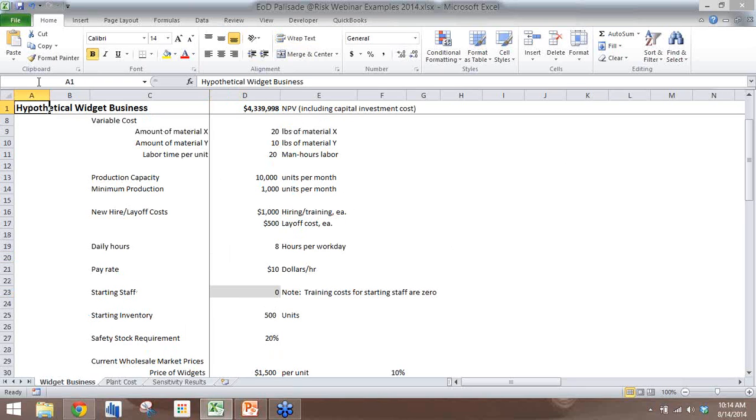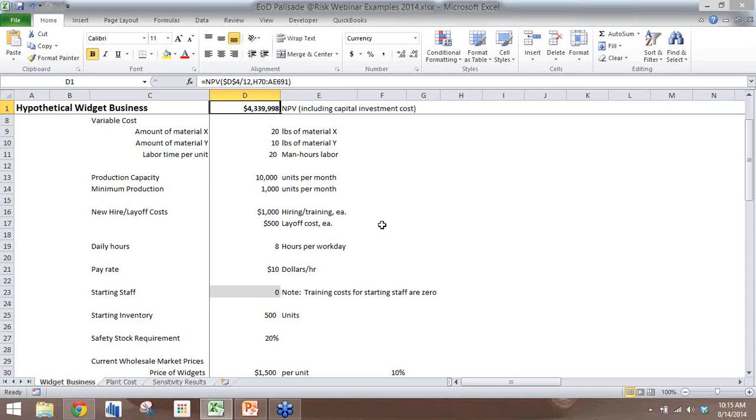So going back to the list of the basic steps mechanically of applying @RISK, first what I want to do is specify a key output. And really, in most of these cases, the key output is going to be a net present value or something of that type. So simply in this case, the net present value parameter we care about is in cell D1. And you'll see me refer to this shortly when we apply @RISK.